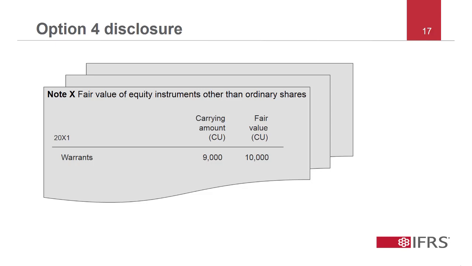However, the disclosure would not show the full effect of derivative equity instruments on the distribution of returns among equity instruments, and a disclosure-only approach may not be a sufficient response to calls from users of financial statements for better information about the effect on ordinary shares of other classes of equity.